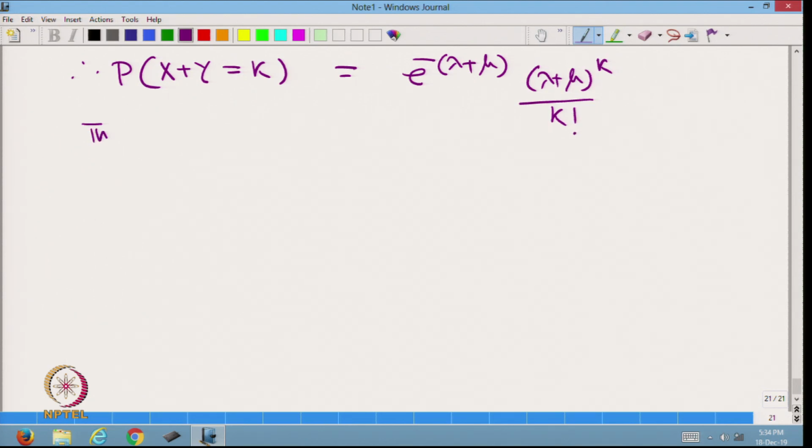This is true for all k equal to 0, 1, 2 up to infinity.